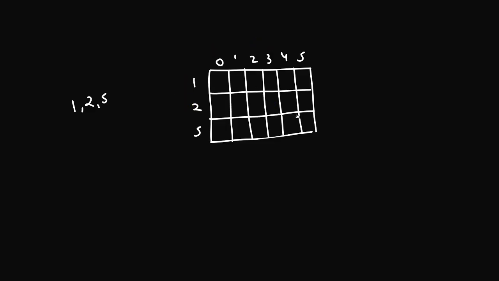If, for example, I consider this place, what does this place denote? This place denotes that if I am considering all the coins 1, 2 and 5, and if I have to create an amount of exact 4, the value that I'll be storing in this particular place will give me the answer.